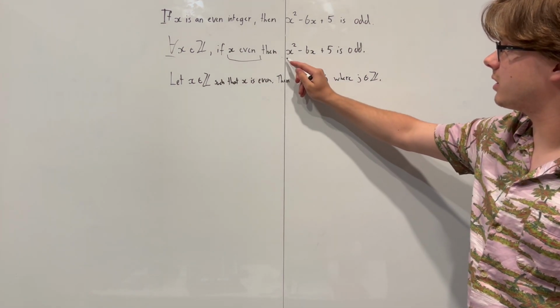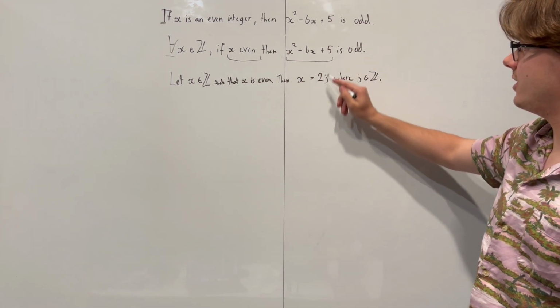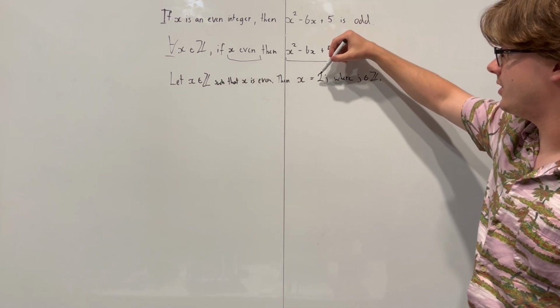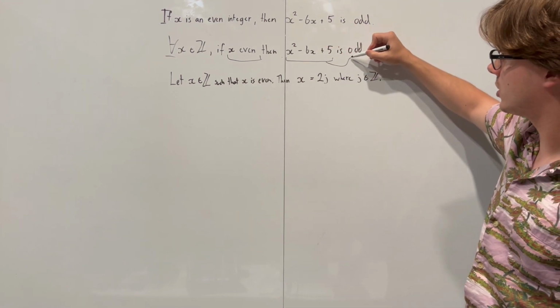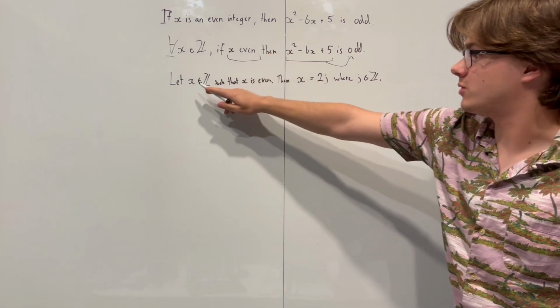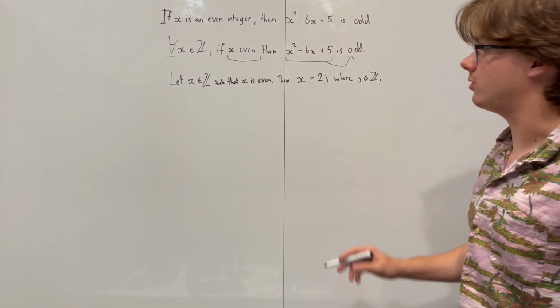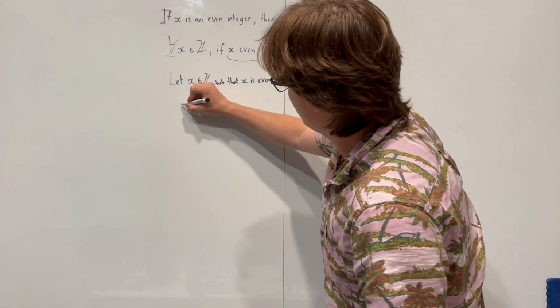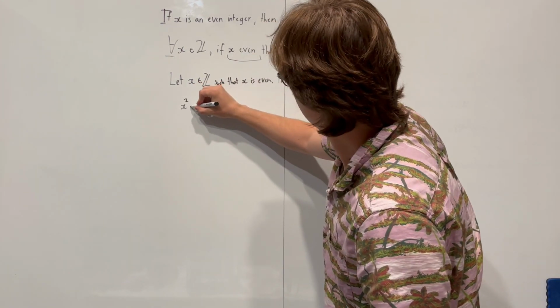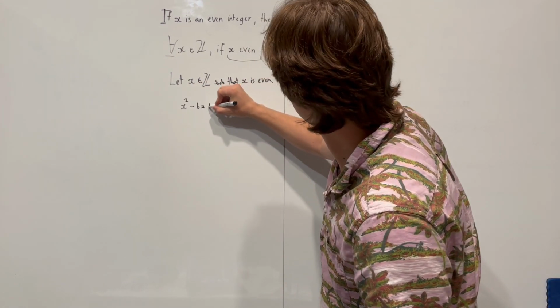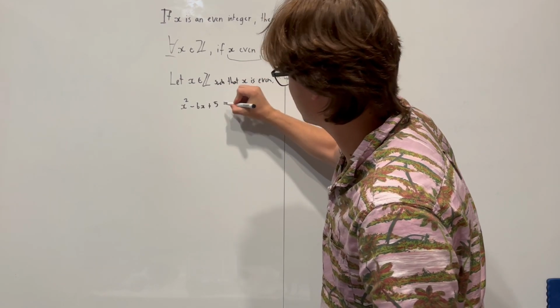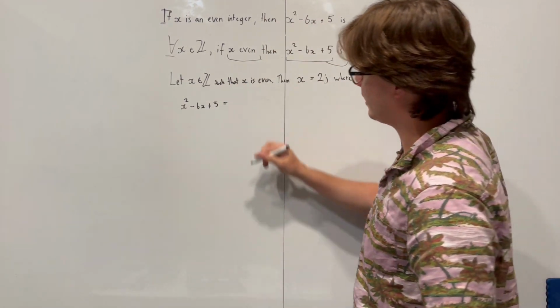Next, we're going to plug this in and show that if this is true, this is going to be odd, right? We've supposed our p, now we need to show that q is true. So let's do that. X squared minus 6x plus 5 is going to equal, now we plug in what we've defined x to be.